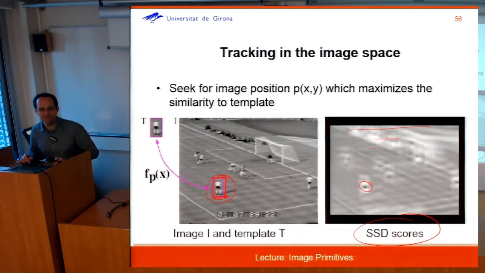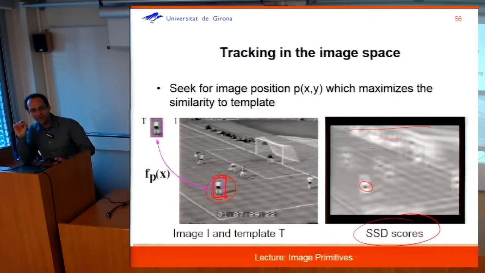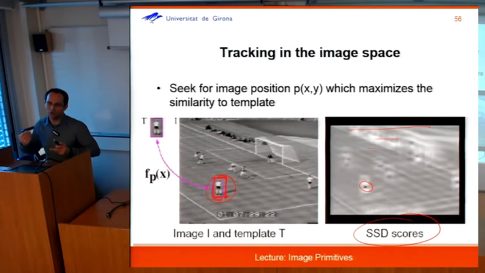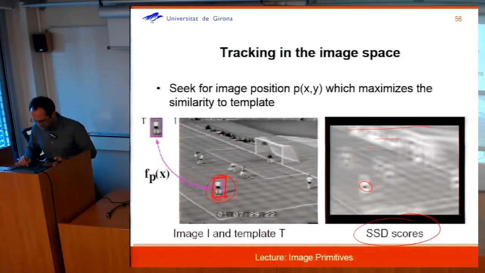Because this is the same as with Harris. You don't only get a low value for the sum of square differences exactly at the position where this patch was taken, but also the neighboring positions provide low values. Okay, but the peak, the lowest, the local minimum is where you're going to say, okay, this point corresponds to this position in this image.